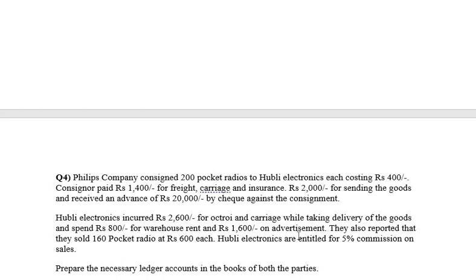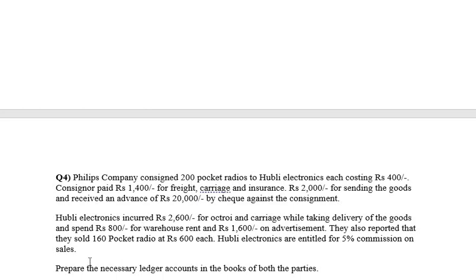Next, they also reported that they sold 160 pocket radios at rupees 600 each. So Hubli Electronics has made sales of 160 pocket radios at rupees 600 each. Look here, how many goods were being sent? 200.